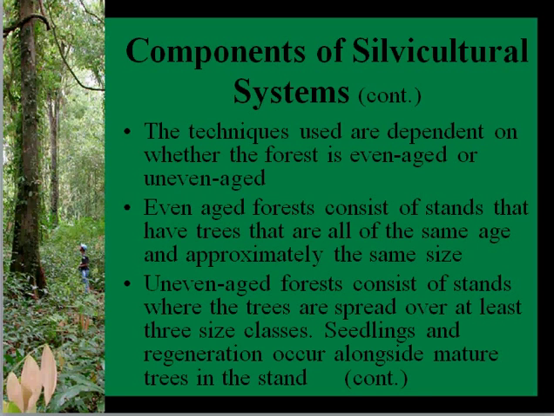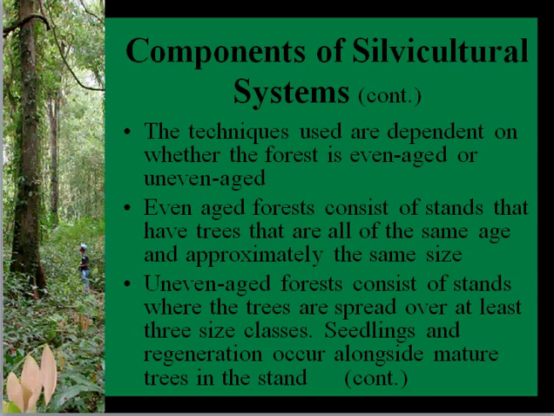So instead of just having a single size of tree in that one stand, you have a whole range of sizes, a J-type distribution of size in your uneven-aged forest.